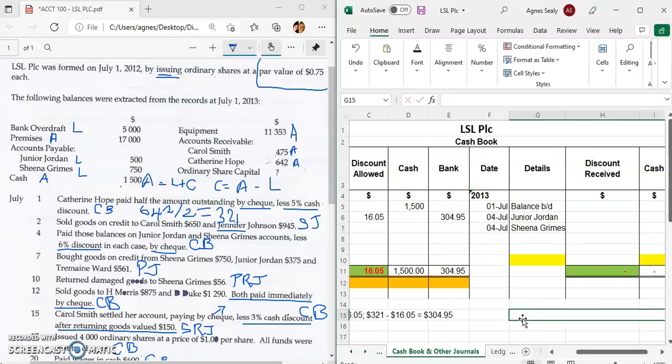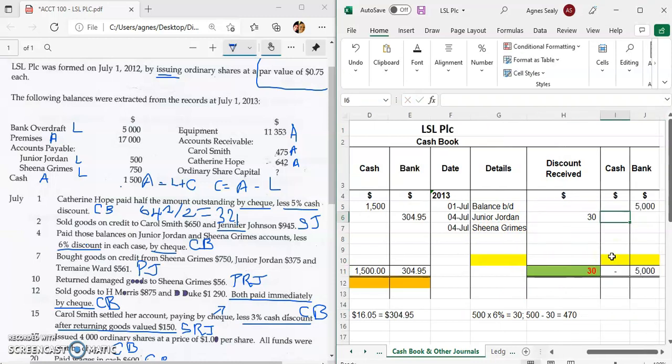So the amount owed to Junior Jordan, $500, times 6%, gives a discount of $30. And then 500 minus $30 will leave us with $470. So we're going to record this for Junior Jordan, the discount $30. And the amount the check was written for was $470.